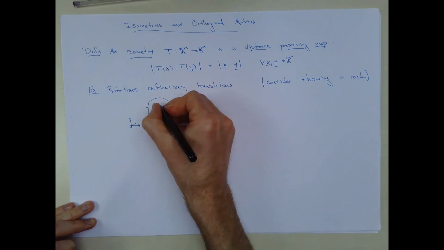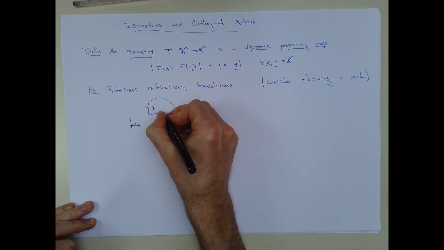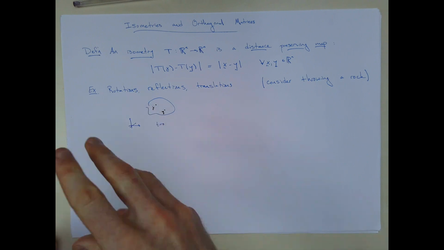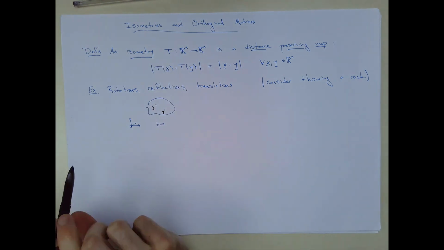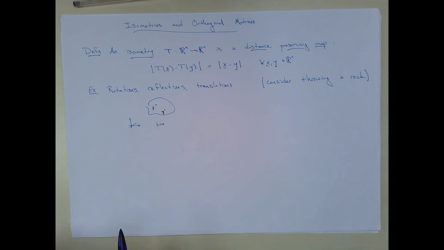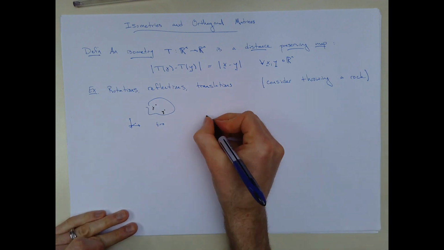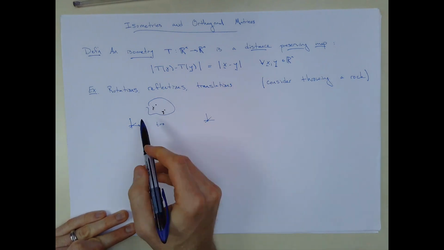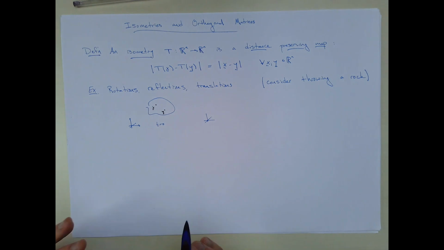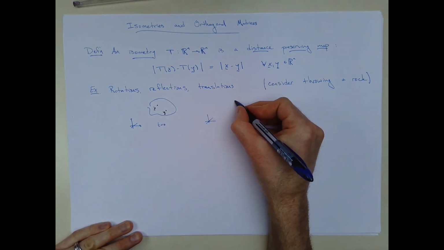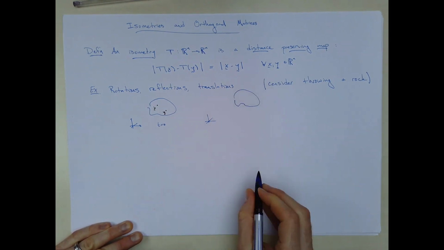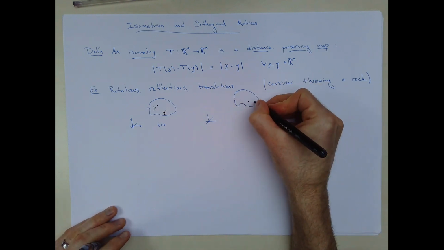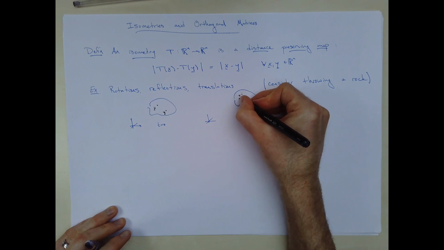So maybe this is point x in the rock, and this is point y in the rock, and as the rock is flying through the air, obviously these vectors are changing. Maybe at a different time it looks something like this, where this is x, and this is y here. That's a bit hard to draw because the shape is the same, which is the point.